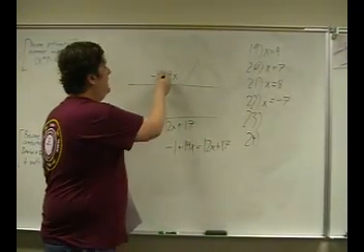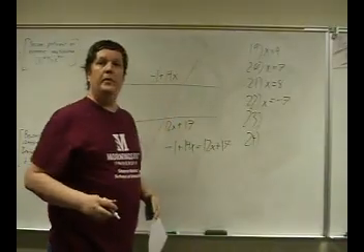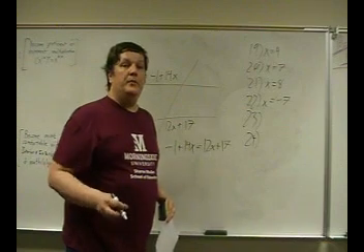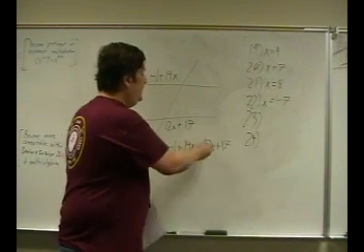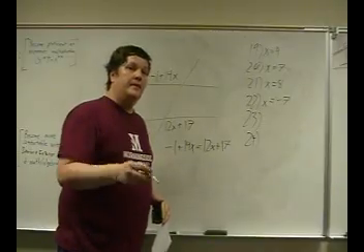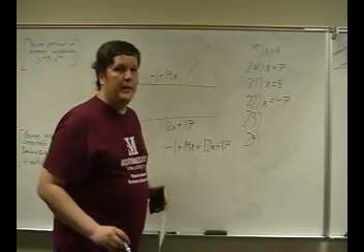Alternate exterior angles are normally congruent with one another if we have an angle measurement. If we don't have an angle measurement, we just have two functions, we just say that the two functions are equal to one another. And remember, they're asking us to find x. They're not asking us to find an angle measurement.